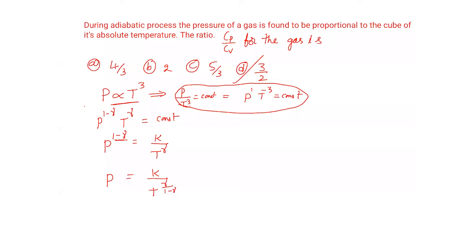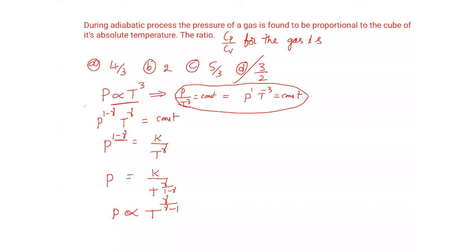Am I correct? Now you can also bring this T to the numerator. P is proportional to T power gamma by gamma minus 1. Why? Because of the minus sign, so to avoid that minus sign, you can write like that.